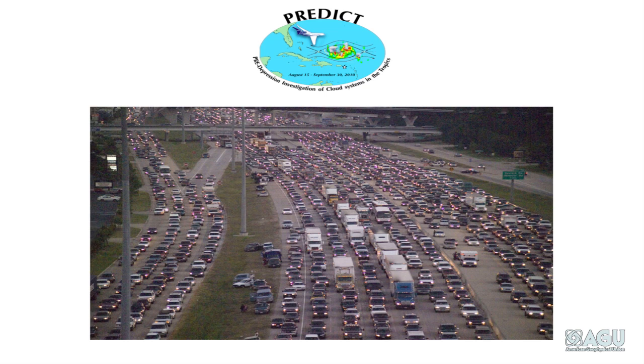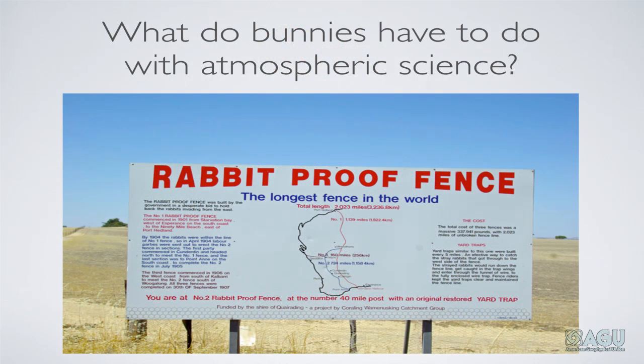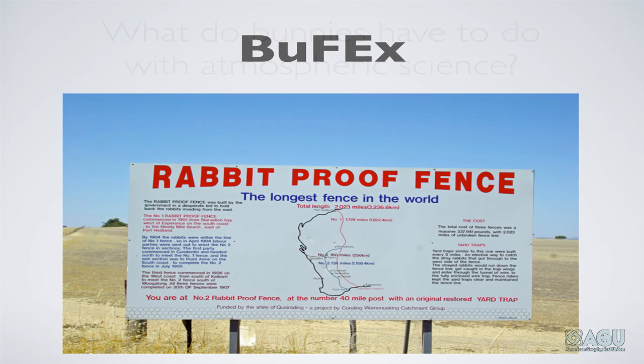Another one is we had to understand what bunnies have to do with atmospheric science, cute little furry bunnies. But it has to do with a rabbit-proof fence that's in southwestern Australia. And it was called BUFEX. So there's a bunny fence or rabbit fence. It's the longest fence in the world, a fence between farmland and native shrubland.